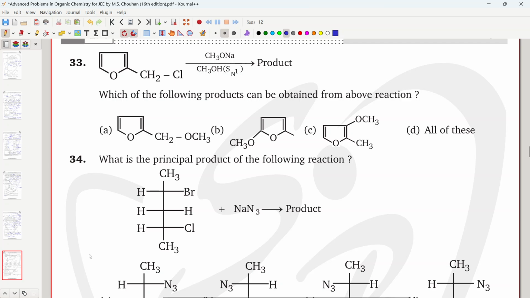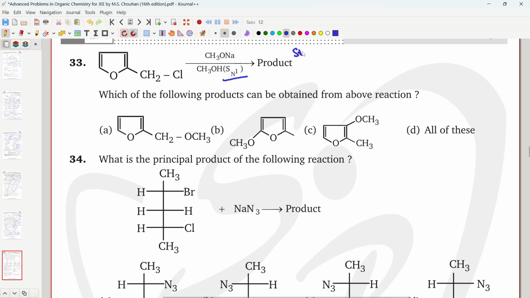Now, question number 33. We have the substrate 2-chloromethyl furan. Furan. I don't know how to pronounce it. So, furan CH2Cl with the reagent CH3ONa or CH3OH. And the question explicitly mentions SN1.